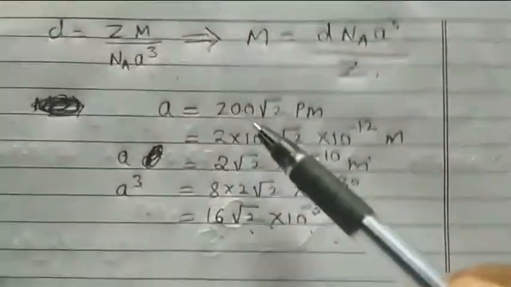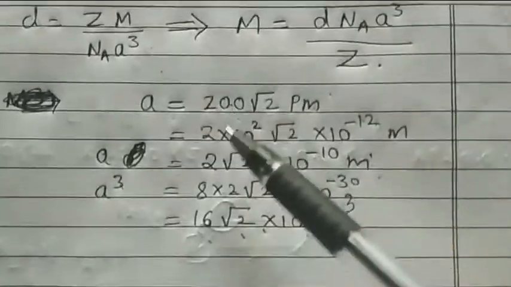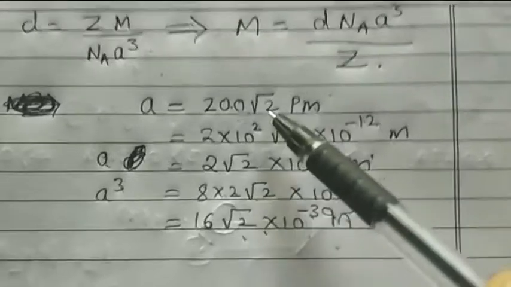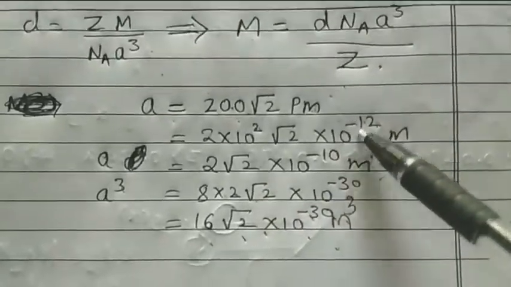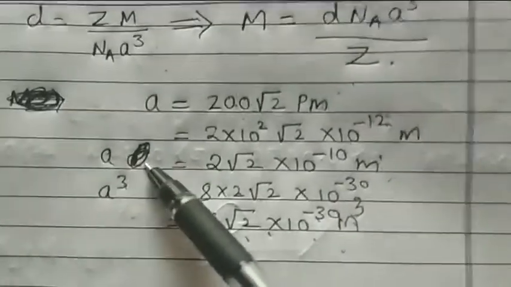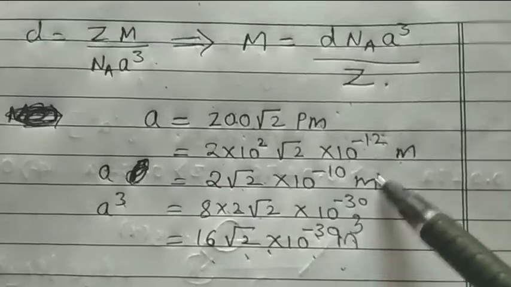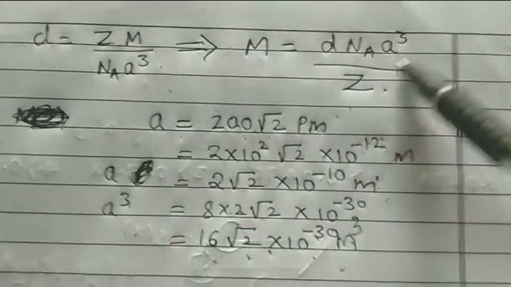A value is 200 into root 2 picometer. 200 can be written as 2 into 10 raised to 2. Picometer is 10 raised to minus 12 meter. By doing calculation, we get A is 2 root 2 into 10 raised to minus 10 meter. In the formula, we want A cube.